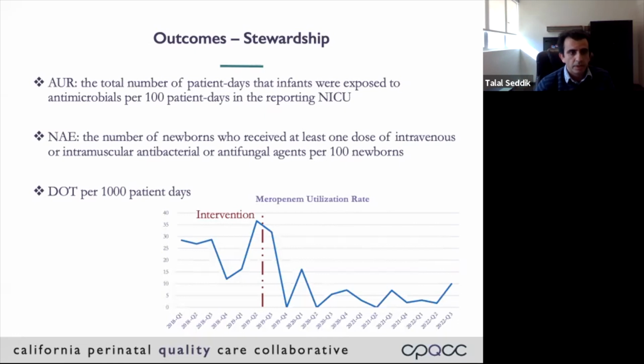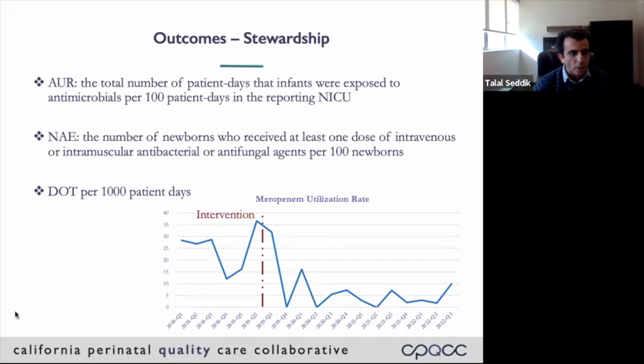AUR is basically the antimicrobial use ratio rate, which the definition is here.